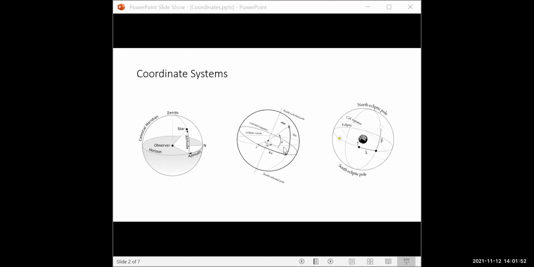So the angle which that object makes from the celestial equator, right? This angle is called the declination.